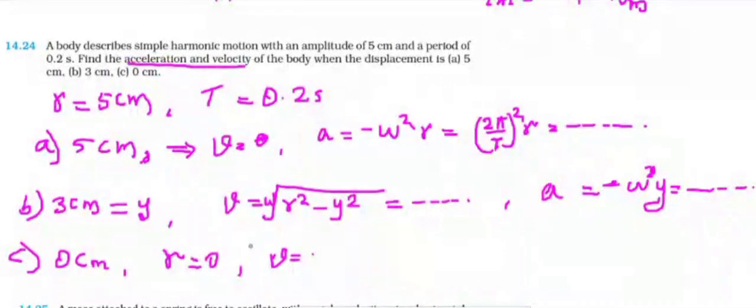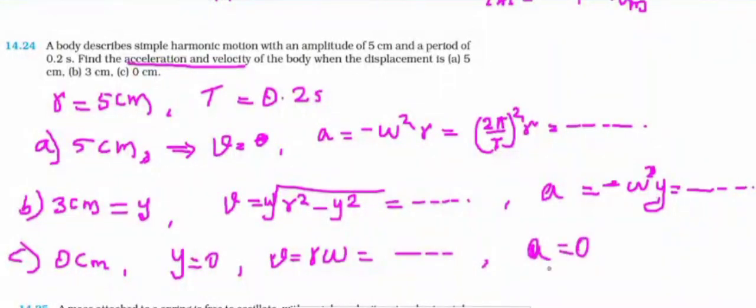So velocity will be maximum velocity. Actually the displacement y is equal to 0, r is amplitude, displacement is 0, so v is equal to maximum velocity, v is equal to r omega, and calculate the value. And acceleration is minus omega square y, as displacement y is equal to 0, acceleration is 0.